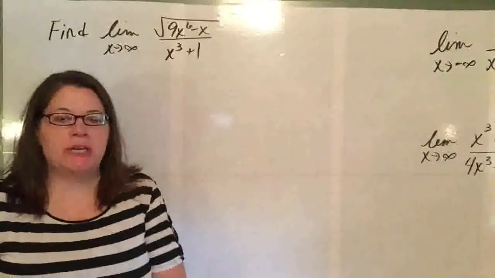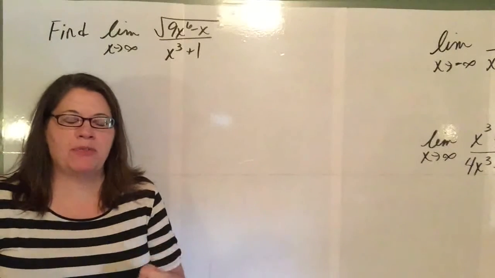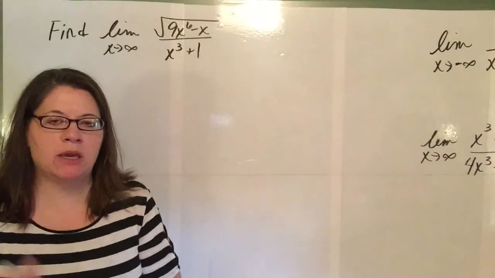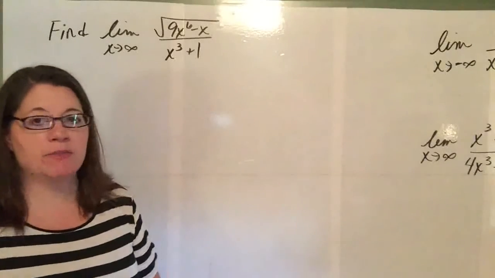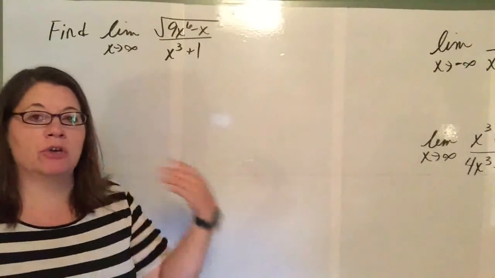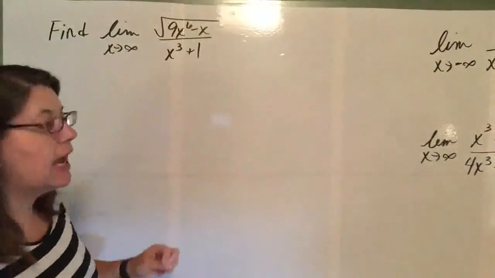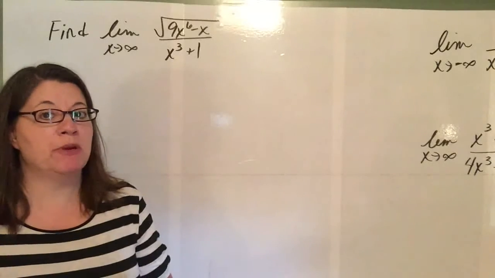In this section, I'm going to give you several different examples, and I'm going to show you some different methods of solving these that become significant as we move forward. For some of them, the horizontal asymptote thing is going to work, and you're going to be able to get your limit with no problem. But the first thing I would do with all of these is plug infinity in first, see if you get an indeterminate form.